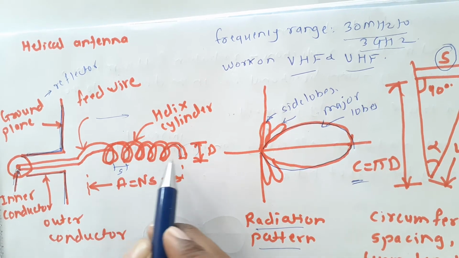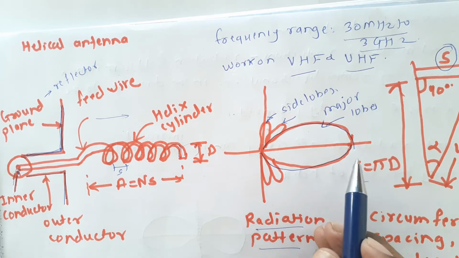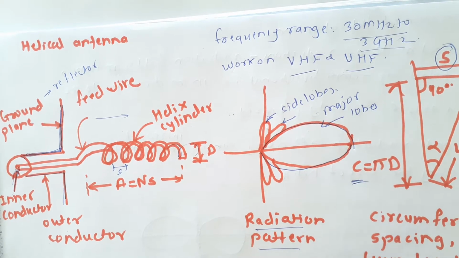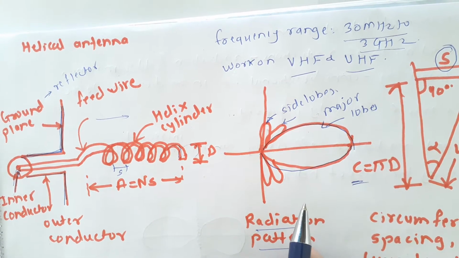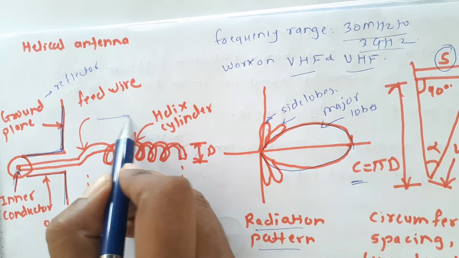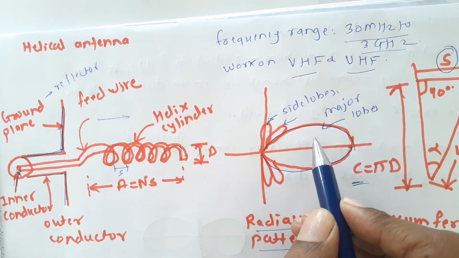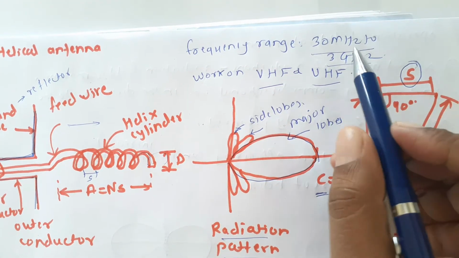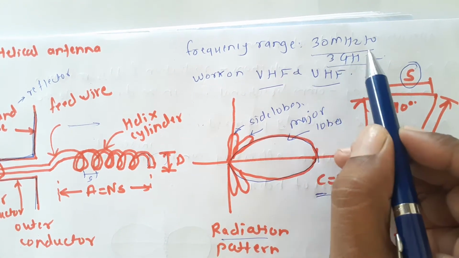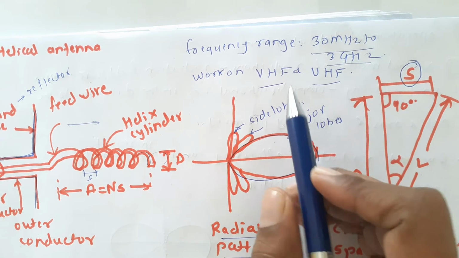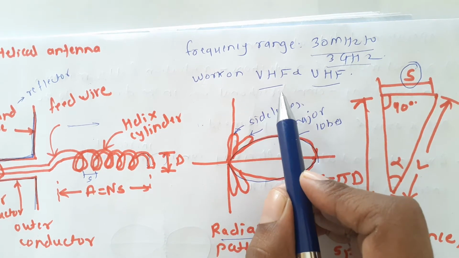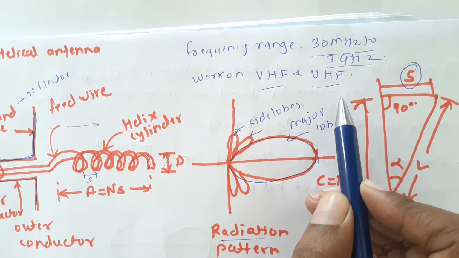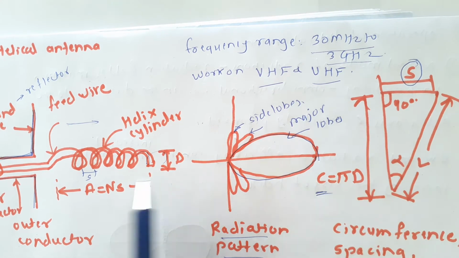If the number of turns increases, the radiation intensity or directivity also increases. Here in this particular direction you will observe the radiation pattern of the helical antenna. The frequency range we have already mentioned, 30 megahertz to 3 gigahertz. It works on very high frequency and ultra high frequency, that is broadband communication.